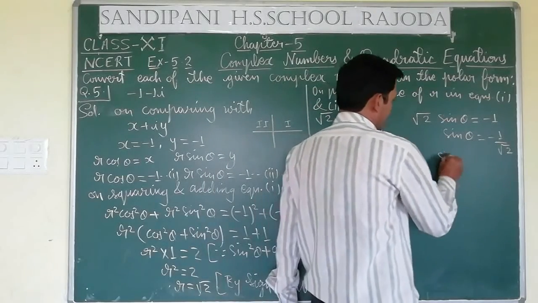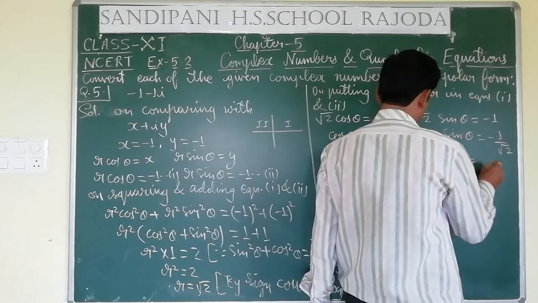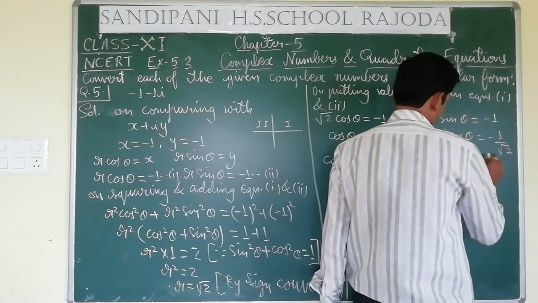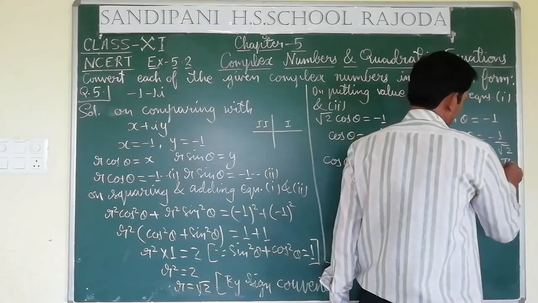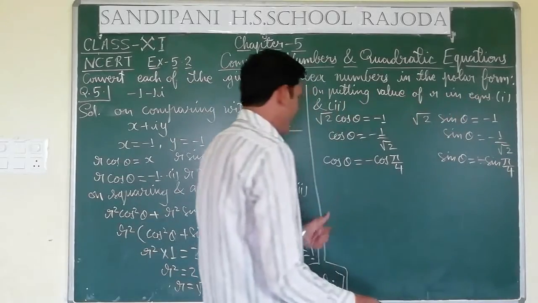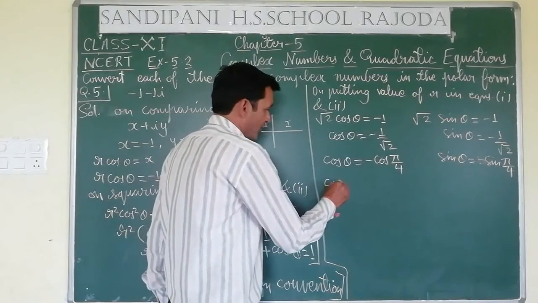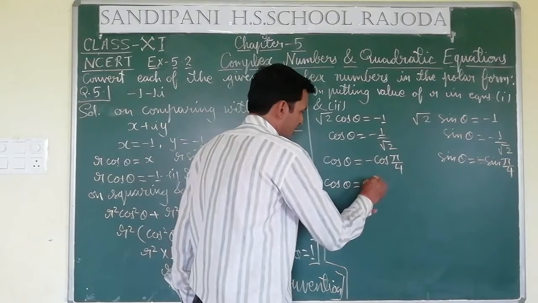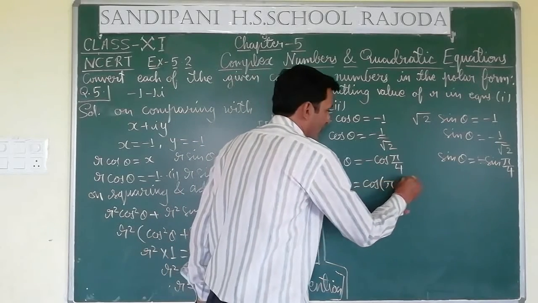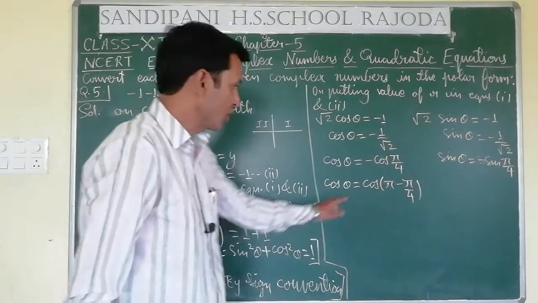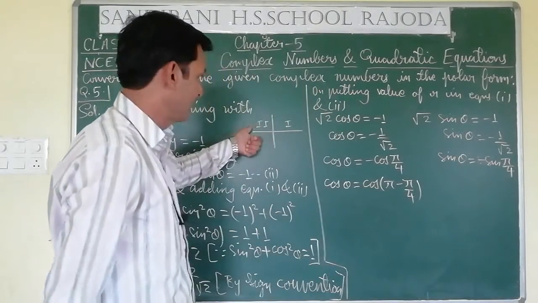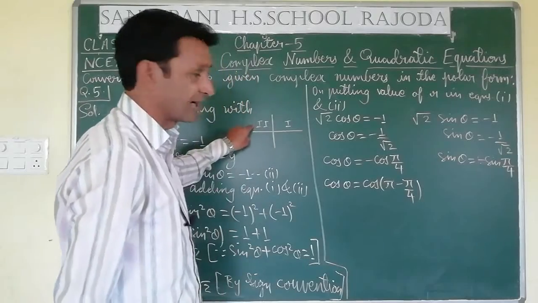This we have to write first of all. And then sin theta is equal to minus sin pi by 4. So if I will write it in this form, cos theta is equal to cos pi minus pi by 4, I can write, and this will become positive also, because cos 180 minus theta is minus cos theta in second quadrant.